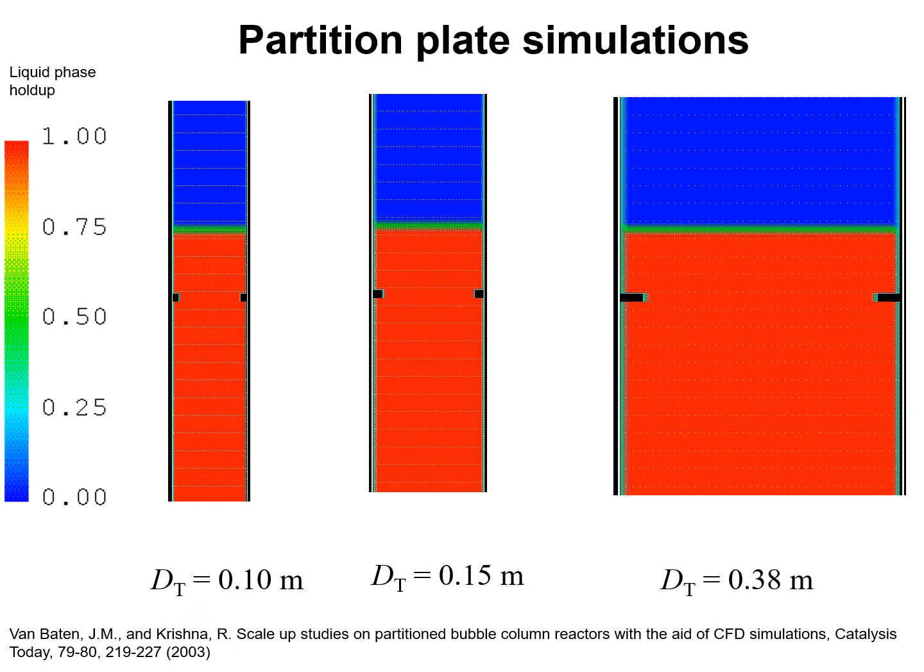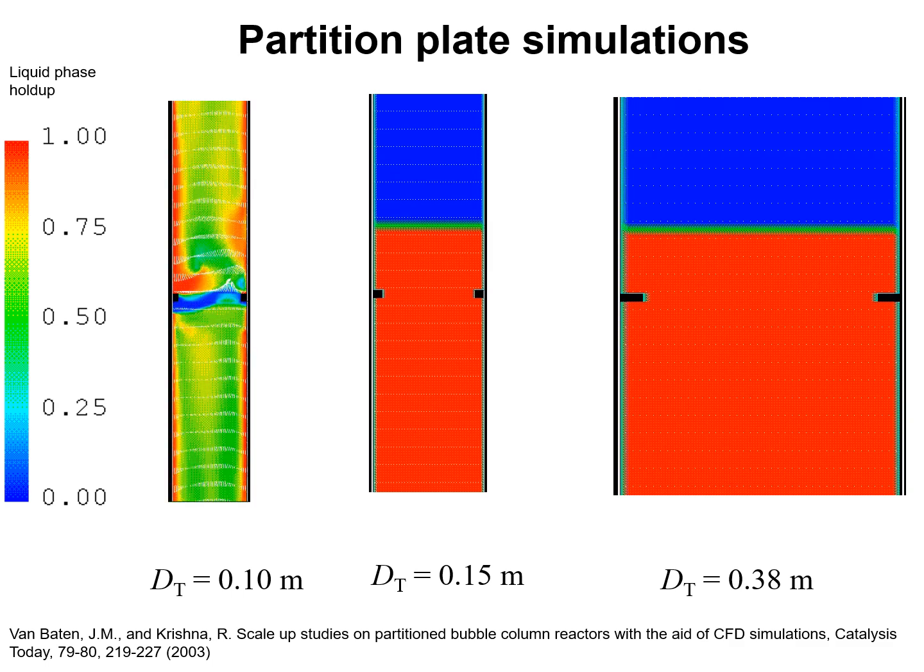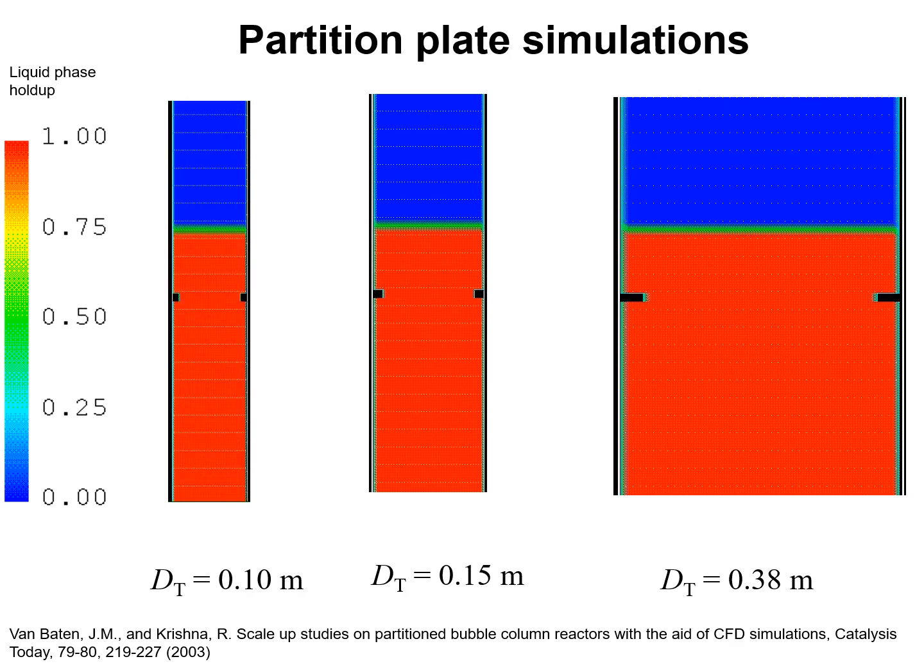Let's have a look at the gas liquid hydrodynamics as determined from CFD simulations. The simulations show the development of the gas cap, because the blue regions are rich in gas and the red region is rich in liquid.